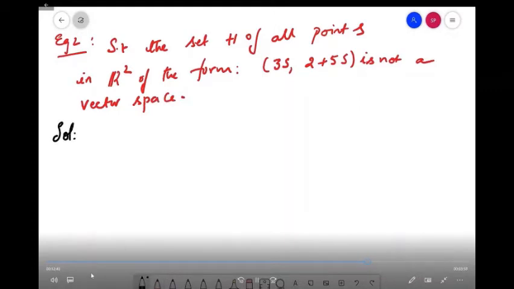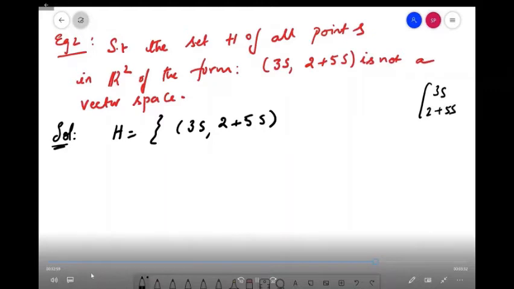Solution. So what is H given to us? H is equal to the set containing all those vectors (3s, 2 plus 5s). These are given in coordinate form, not like column vector form, but still they are the same. If you write in column vector you will write 3s, 2 plus 5s. Instead we are writing it as an ordered pair, such that s belongs to R, any real number.